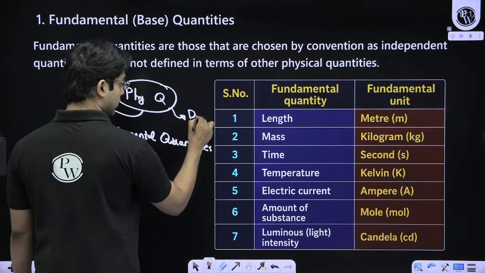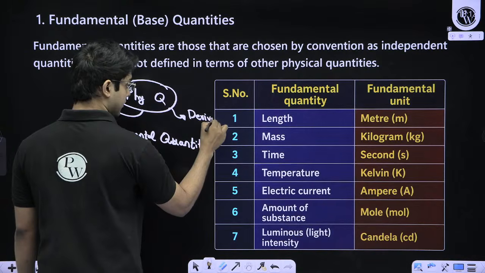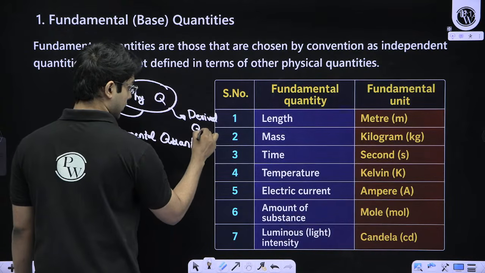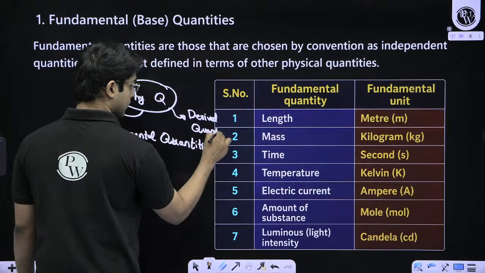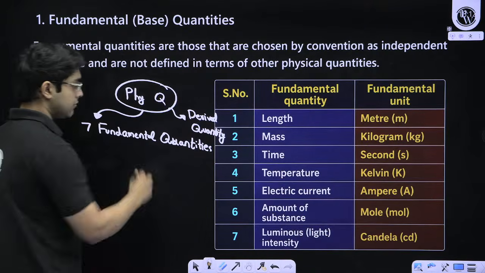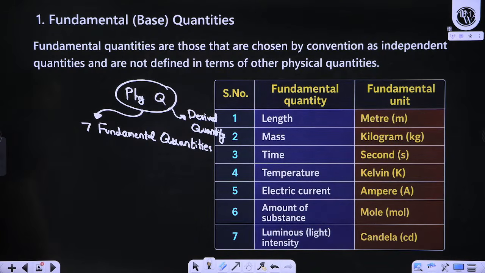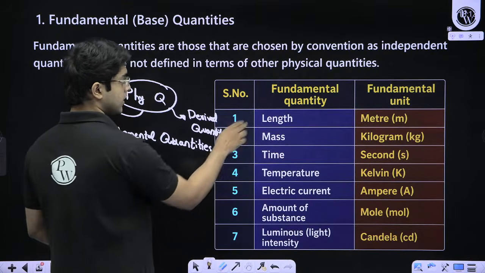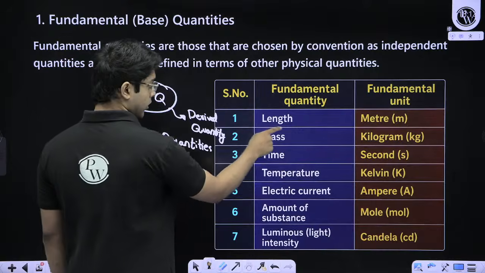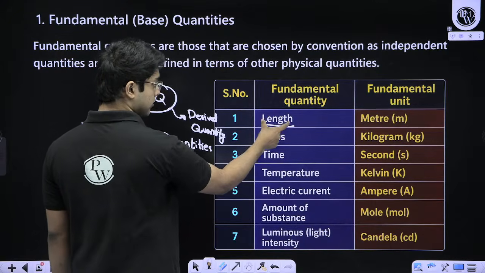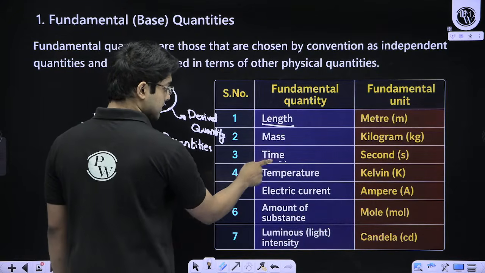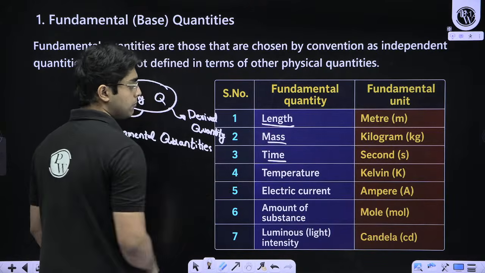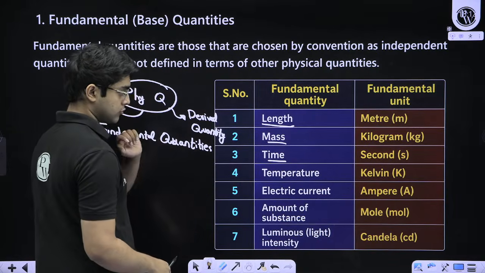Any physical quantity which is not under these 7 is known as a derived quantity. Okay, so I'll explain what is the difference. So fundamental quantities, which are the fundamental quantities, they are also important. Okay, so length is one of the fundamental quantities, mass, time, these three will be the most important for us as of now.